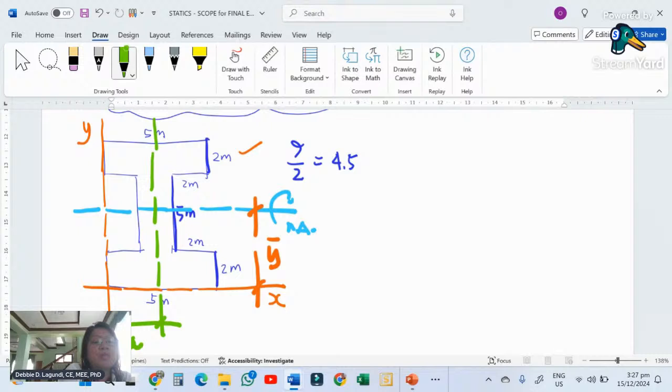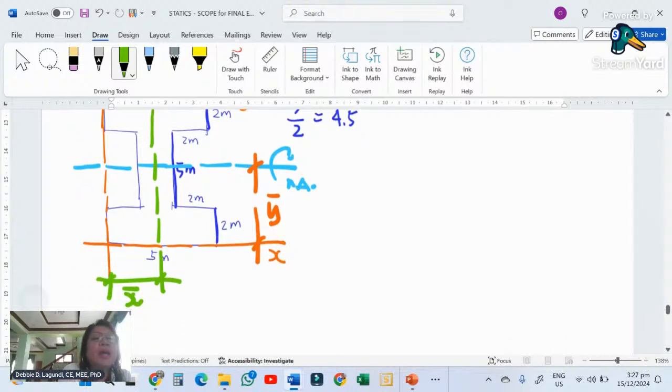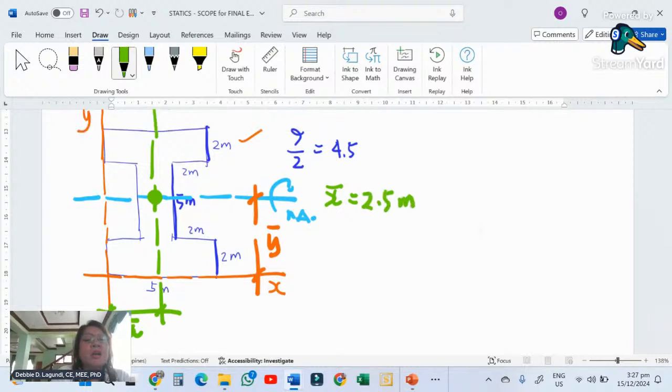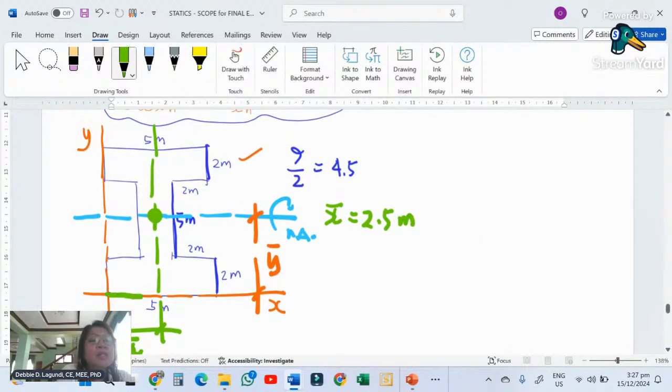So this will be your X bar, and this is where the CG of the shape is. The X bar is 2.5 meters because this is in total 5.